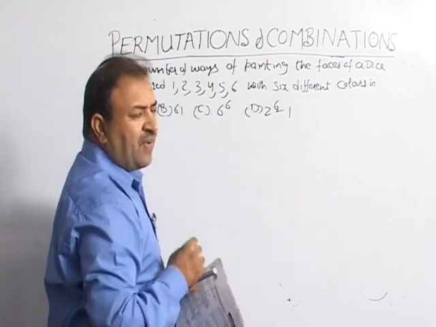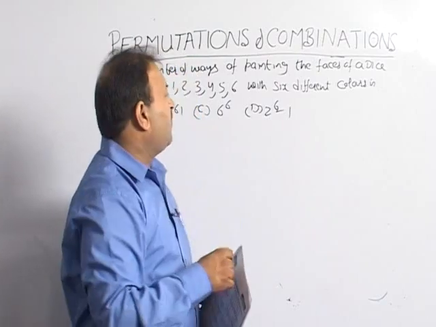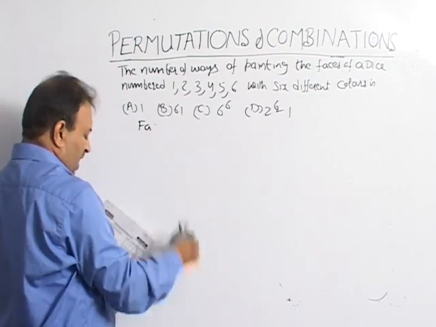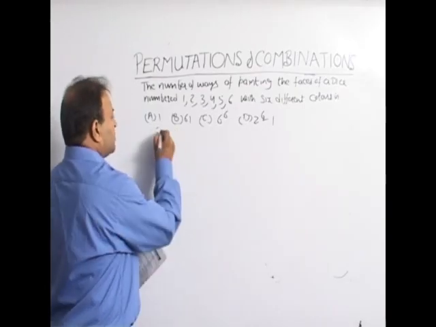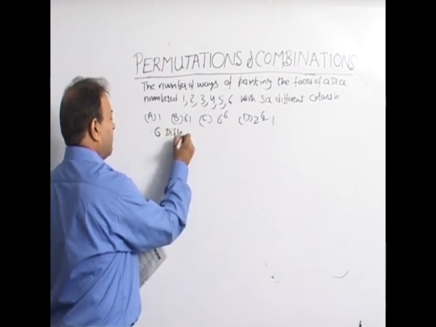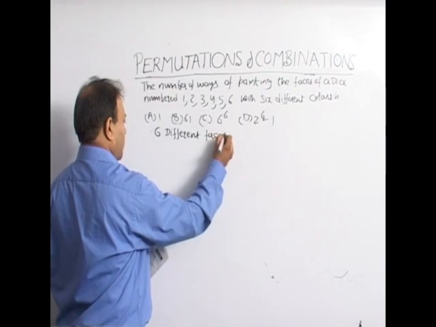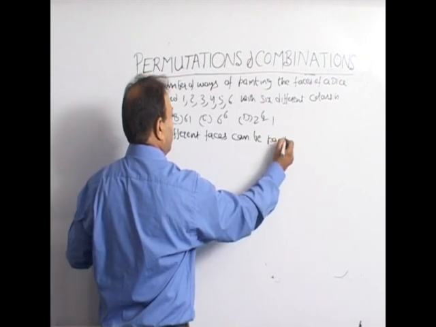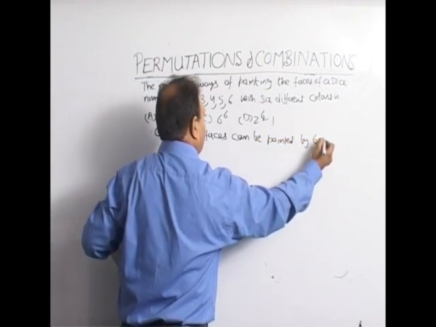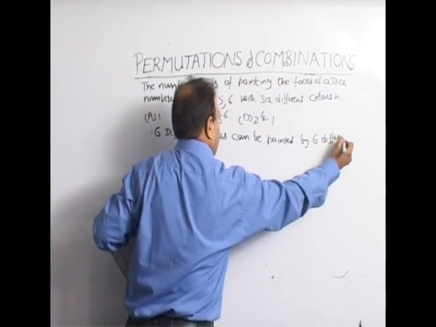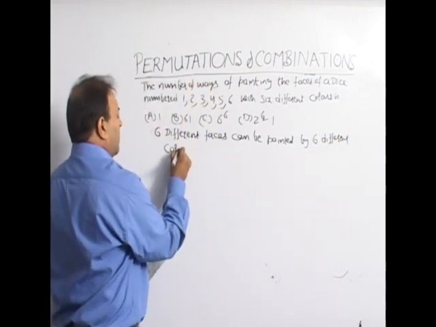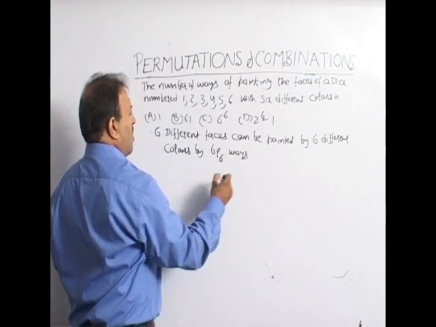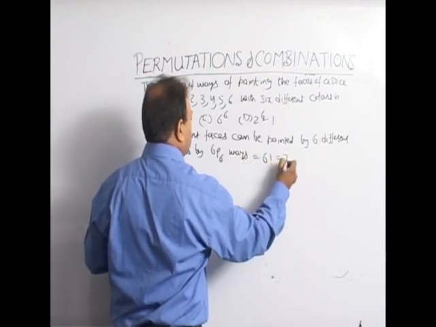That means we have 6 different faces that can be painted by 6 different colors, by 6 ways, or I can say it is 6 factorial or 720 ways.